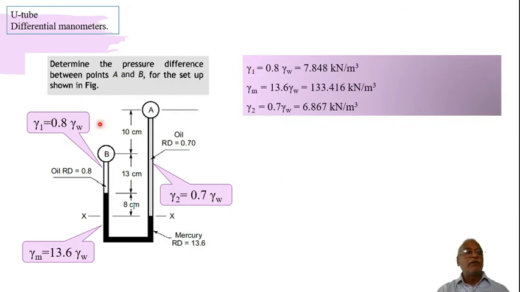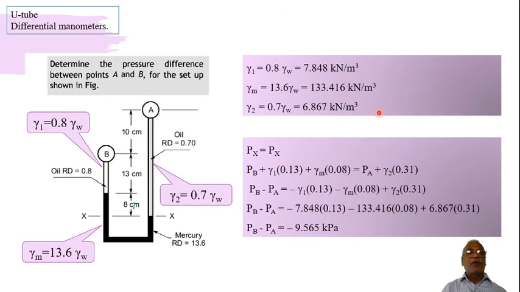Gamma W I have substituted as 9.81 kilonewton per meter cube. So gamma 1 becomes 7.848 kilonewton per meter cube. Now 13.6 into 9.81 will be 133.416 kilonewton per meter cube. 0.7 into 9.81 is 6.867 kilonewton per meter cube. These are the specific weights.